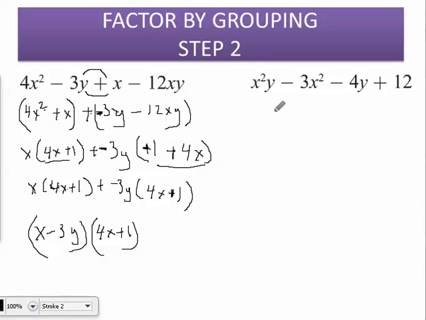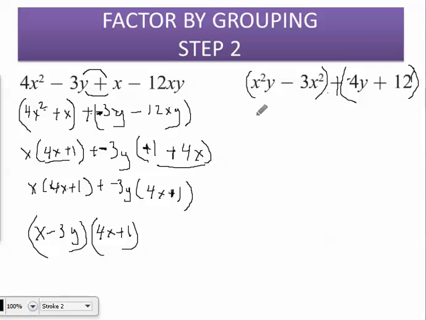Okay? This one, I'm going to group these together with the x squareds together and the 4y plus 12 together. So when I do that, I'm going to get this, and this is going to be a plus minus 4y grouped like this.